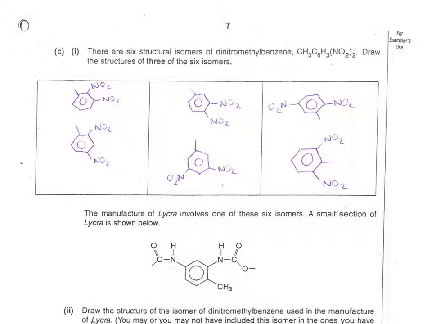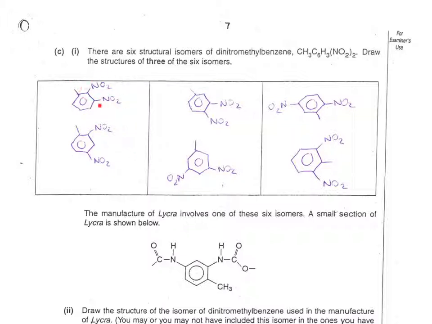On the final page we've got to draw 3 structural isomers of CH3C6H3(NO2)2. So we've effectively got methylbenzene with 2 nitro groups on it. Now I've drawn all 6 possible isomers so that you can hopefully pick out whether or not you've got 3 decent ones.